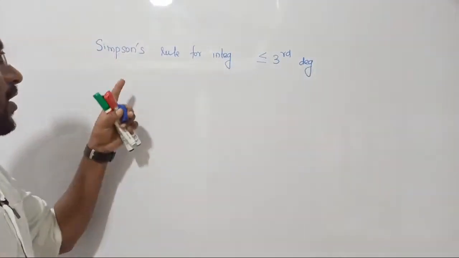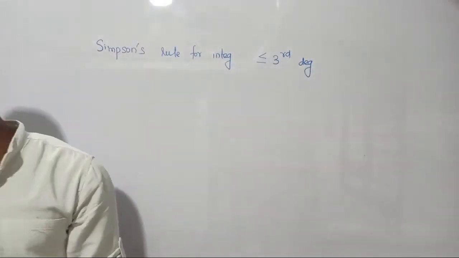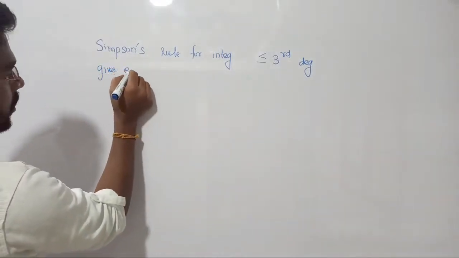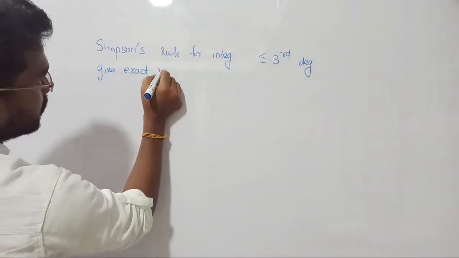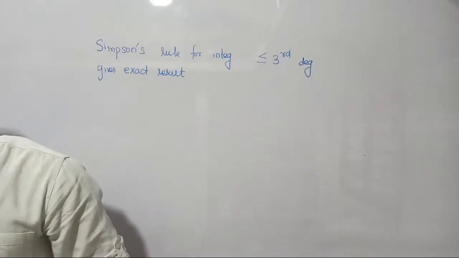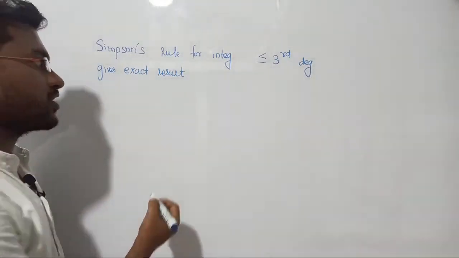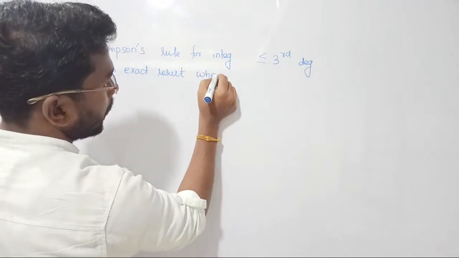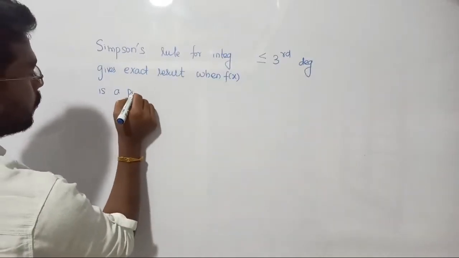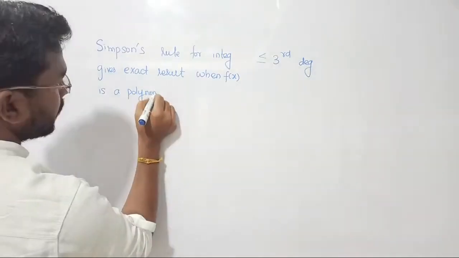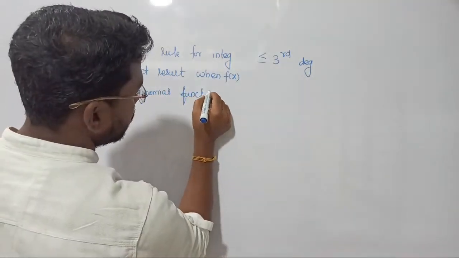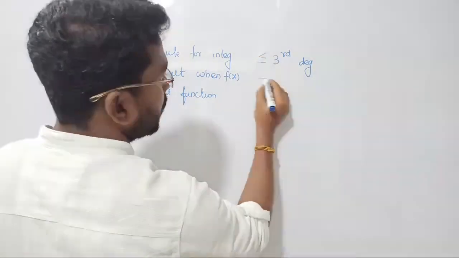Anyway, the question they have asked is Simpson rule for integration gives exact result when f of x is a polynomial function of, and the answer is less than or equal to 3 degree.